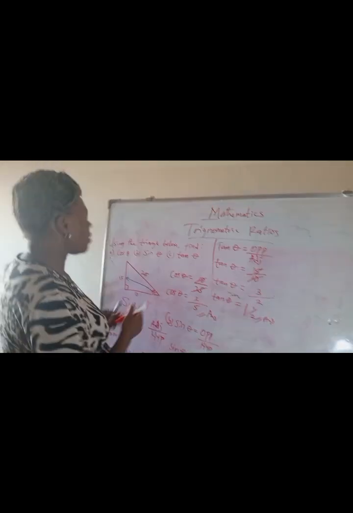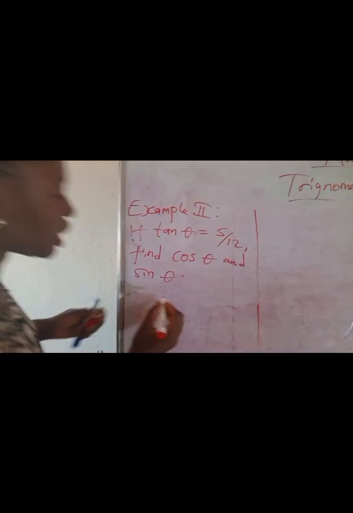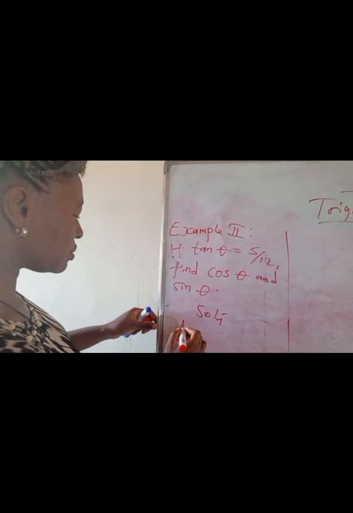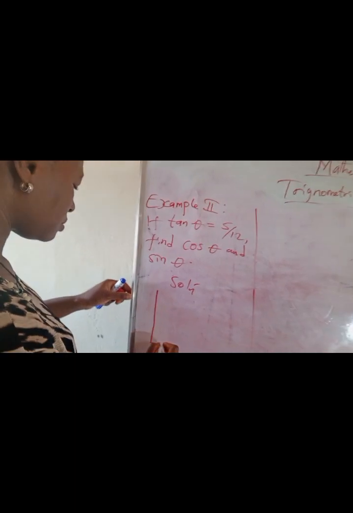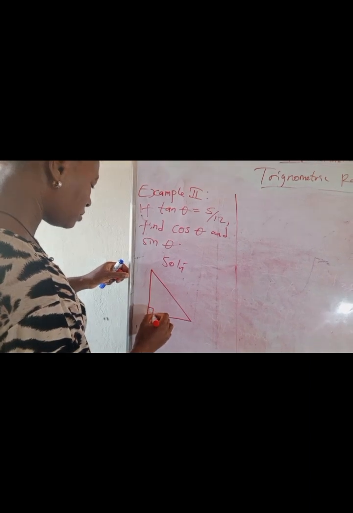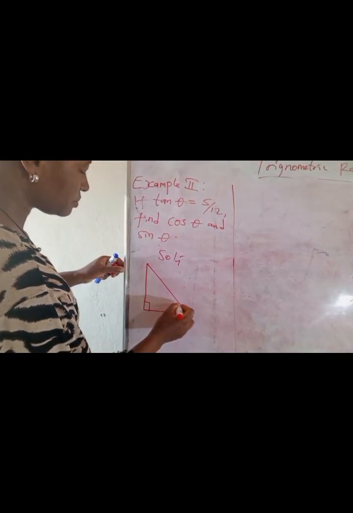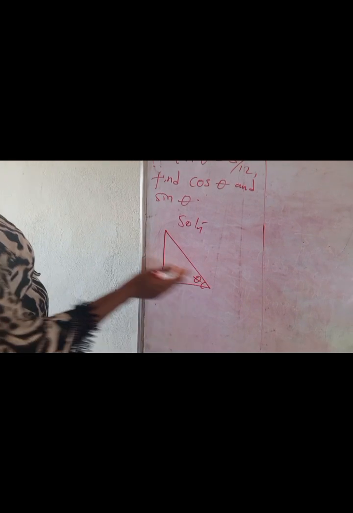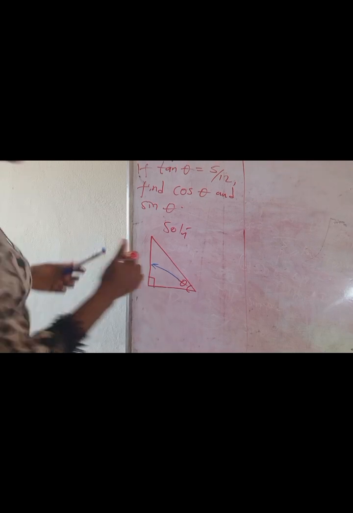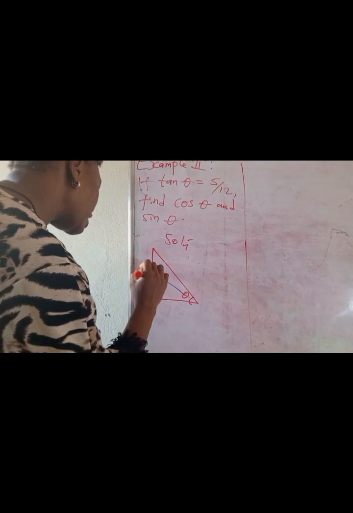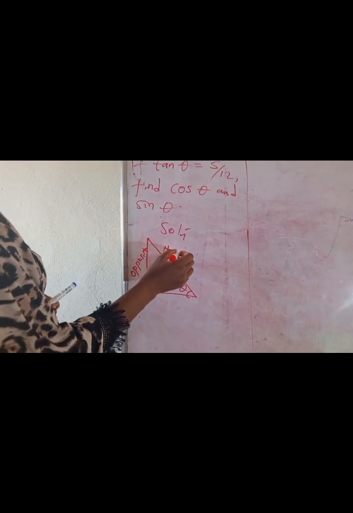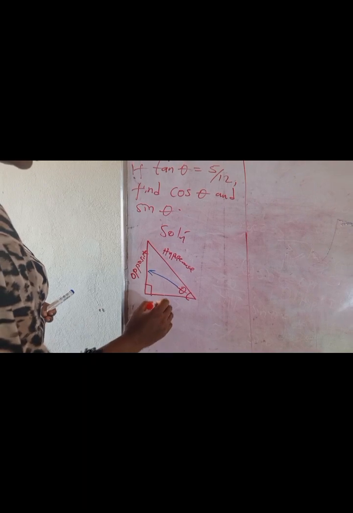Now, another way they can ask you the question. Solution: first of all, you draw the triangle. If our theta is here, then this here is the opposite side. Then, of course, this is our longest, the hypotenuse, and this is the adjacent.